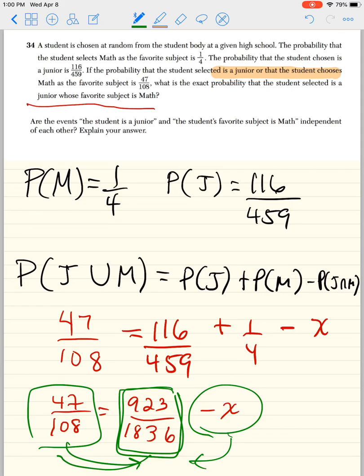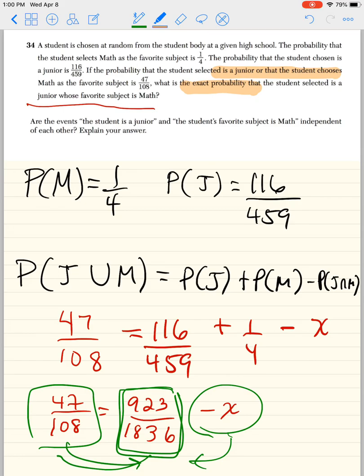I get 0.06753, and remember, when the question says exact probability, which it typically does, it means you have to leave it as a fraction. So I'm going to go back and hit the math frac button. Minus the 47 divided by 108, math frac enter.